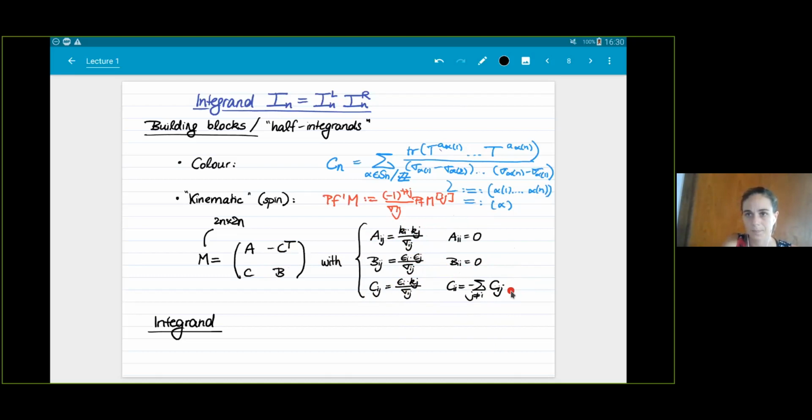Now, if you look at the A's in particular here, you can see that they are given by k_i dot k_j over sigma_ij, which should remind you of the entries in the scattering equations. And that is precisely the reason that we can't have the full Pfaffian here, but instead have to work with this reduced Pfaffian, because it's very easy to check, and you should do so, that we have a kernel.